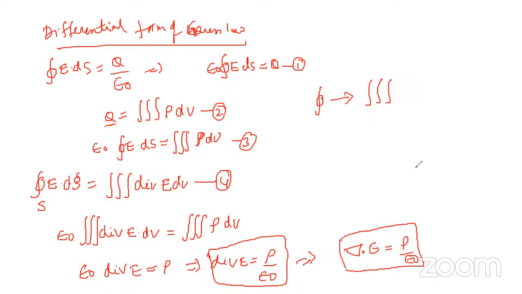Similarly, in the case of vacuum, we can write D equals epsilon naught E. This is what we call the differential form of the Gauss law.